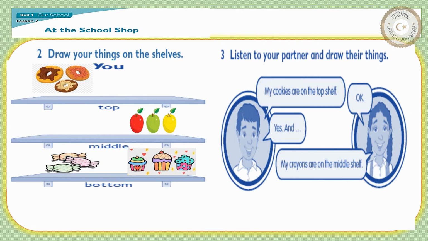So this is mine, and I draw things on the shelves. Now we have some questions. My cookies on the top shelf, my apples in the middle, my sweets on the bottom, and my cakes on the bottom.